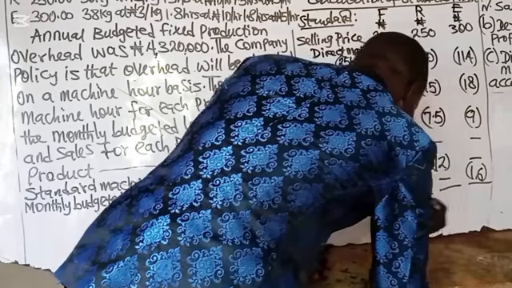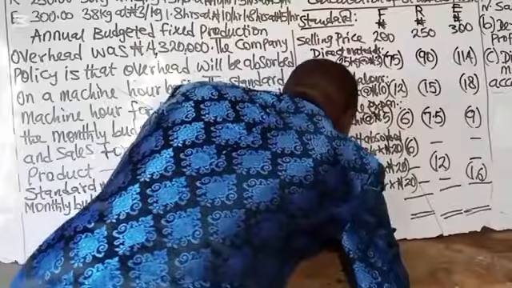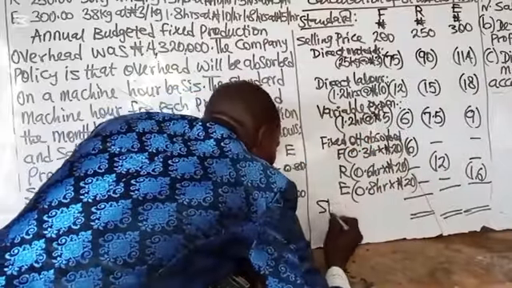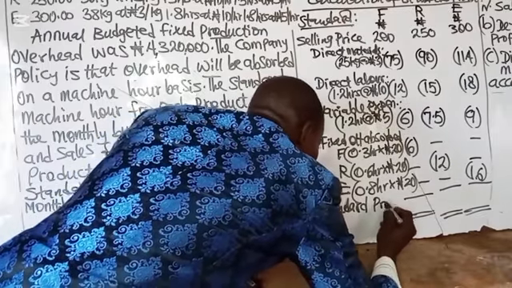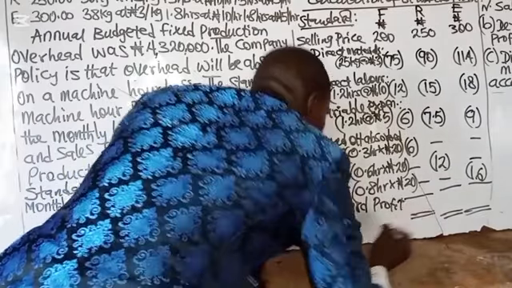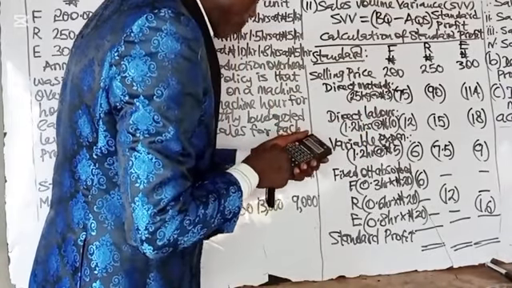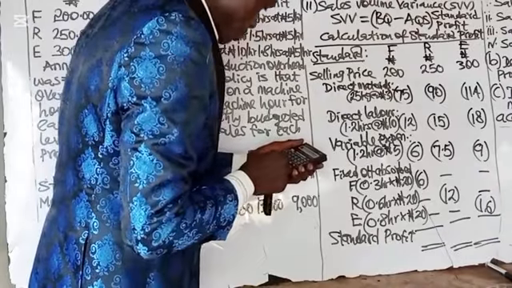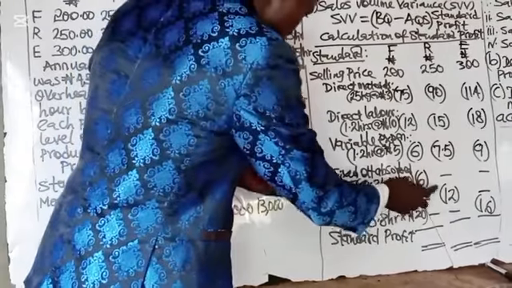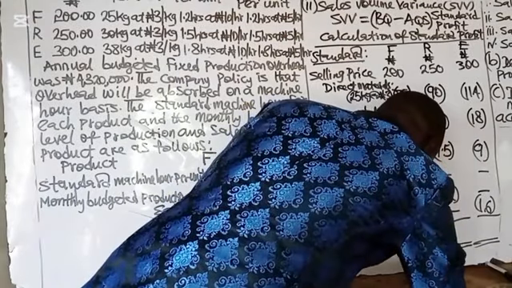How much is the standard profit? Standard profit for F, we have 200 minus 75 minus 12 minus 6 minus 6 again. So we have 101.